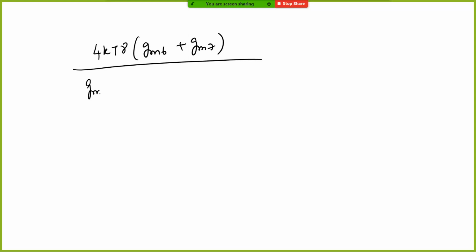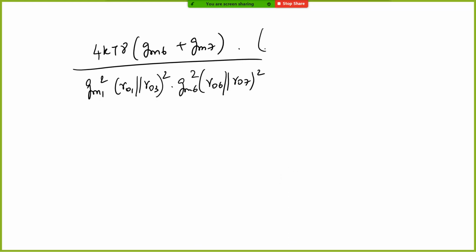What is the overall gain? gm1 squared into (ro1 parallel to ro3) the whole squared, into gm6 squared into (ro6 parallel to ro7) the whole squared. Of course, this is the noise current multiplied by the output impedance expression, which is ro6 parallel to ro7, the whole squared.